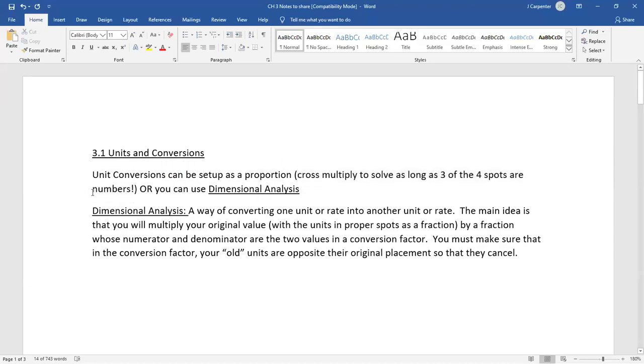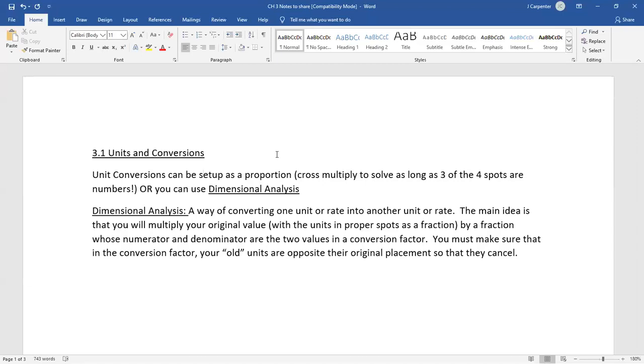You can use your words and you can write miles over meters, or you can write feet over inches or whatever. And then you can set up a proportion as long as you know the conversion factor. So a conversion factor is the thing that says 12 inches is 1 foot, or 5,280 feet is 1 mile, or 60 seconds is a minute.